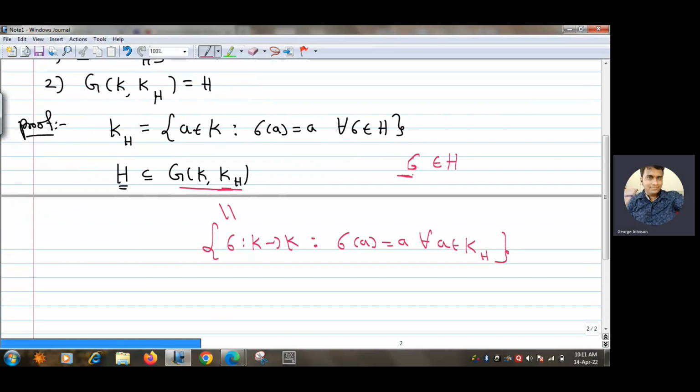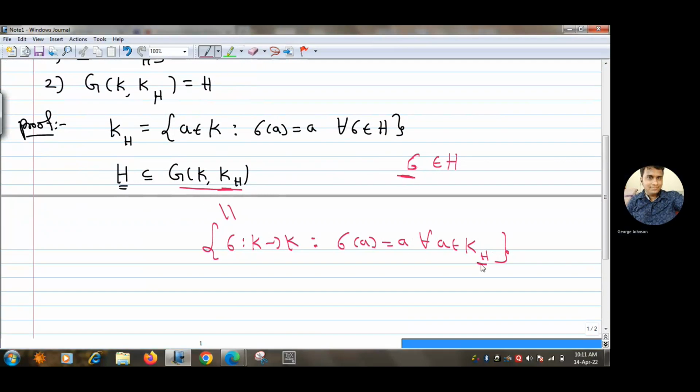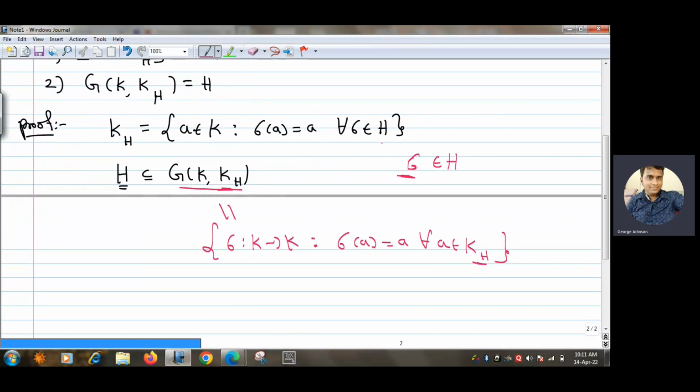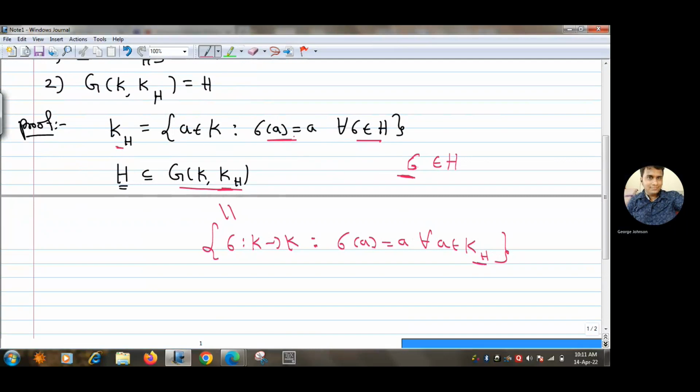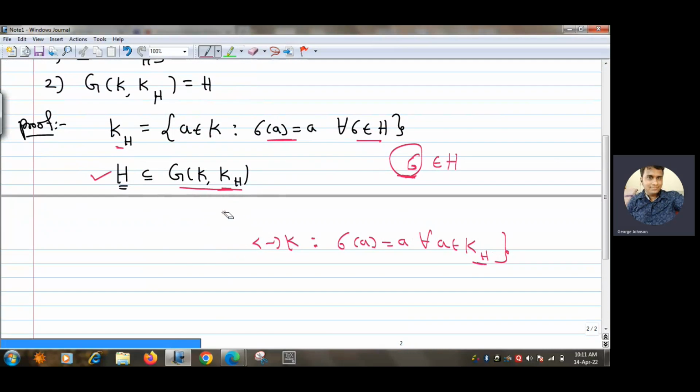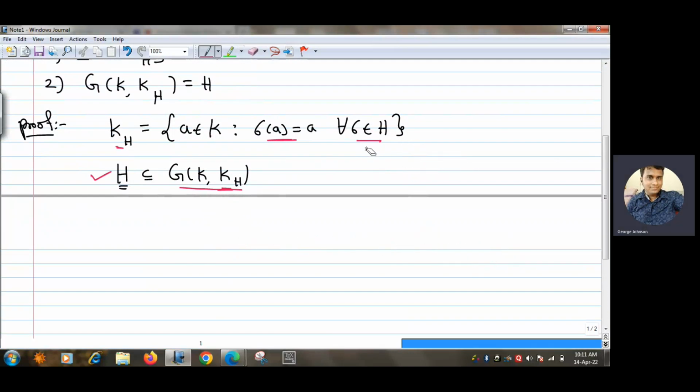So I have to prove that this sigma fixes every element of K_H, and that is already true, because every element of H already fixes the elements of K_H. K_H is in fact the collection of all those elements which are fixed by every element of H. So one thing is clear, that this sigma fixes every element of K_H, and so H is a subset of G(K,K_H). That is clear by the definition of K_H.